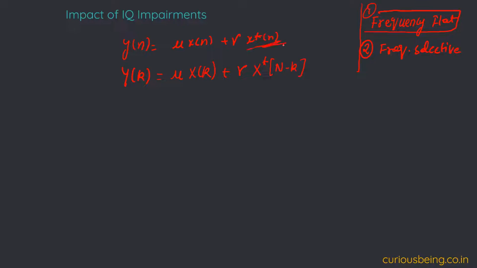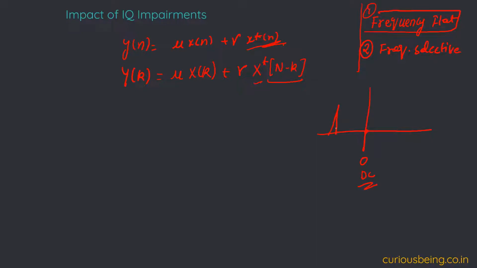If I take the FFT of x conjugate n, it is mirrored, first of all, mirrored and conjugate both. So assume this to be the DC case or the 0th subcarrier. Also it will be the DC.